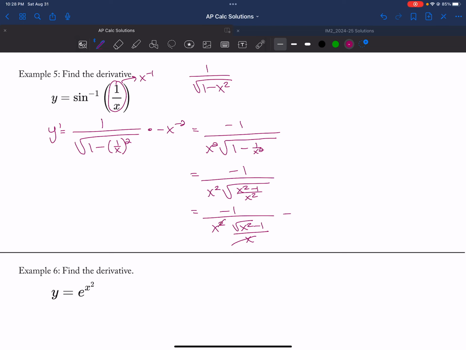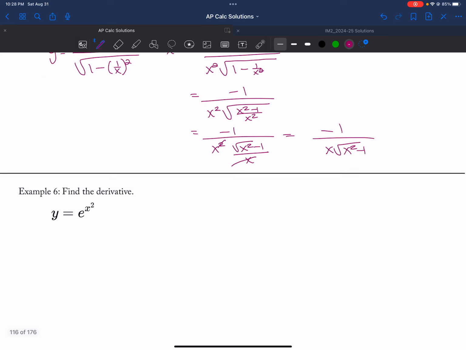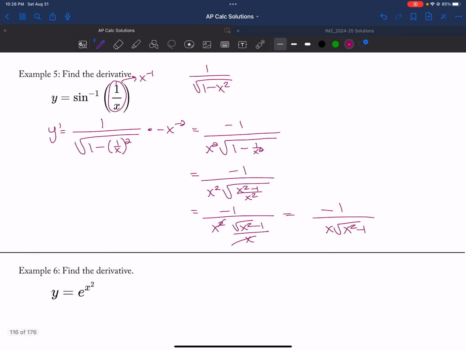One of those x's cancel out, and I'm left with negative 1 over x root x squared minus 1. Kind of crazy. I know it's weird. It's just weird because of this whole negative first power, because then I ended up with a complex fraction there.